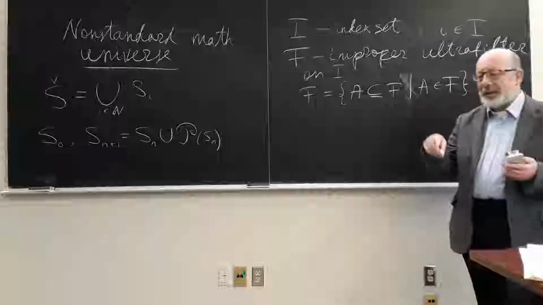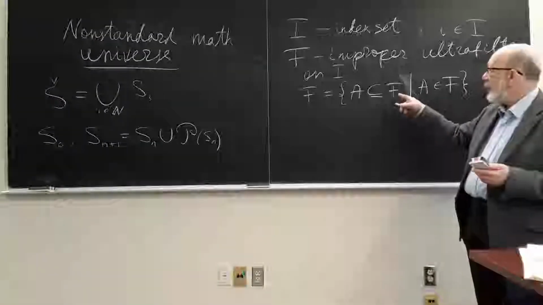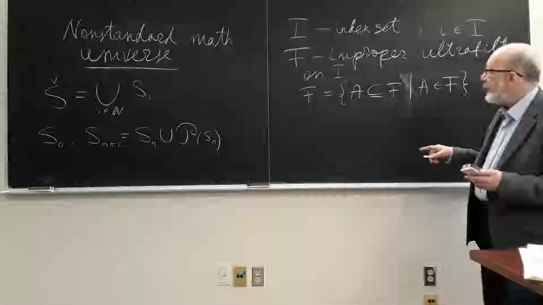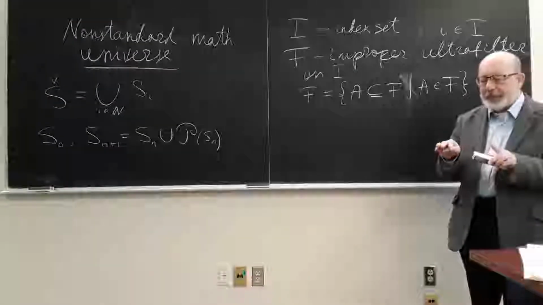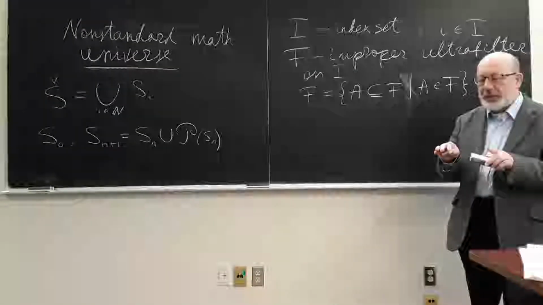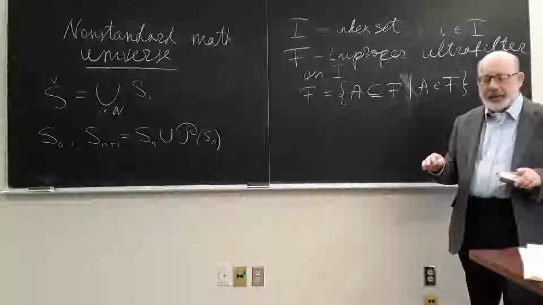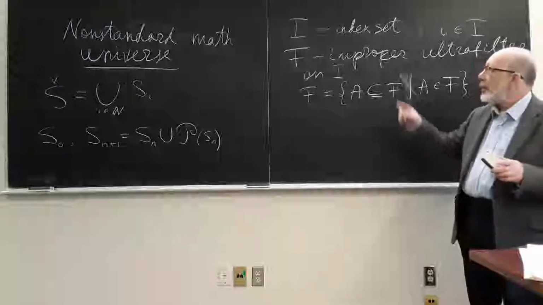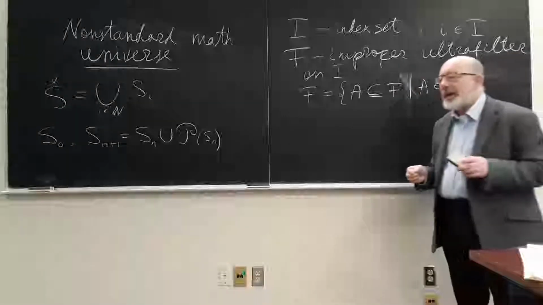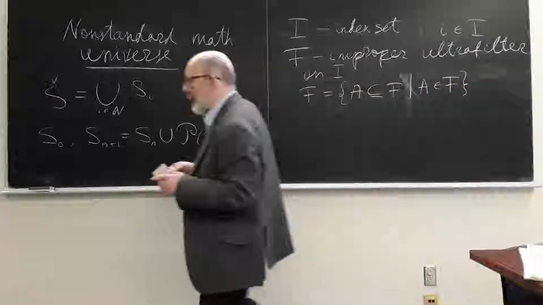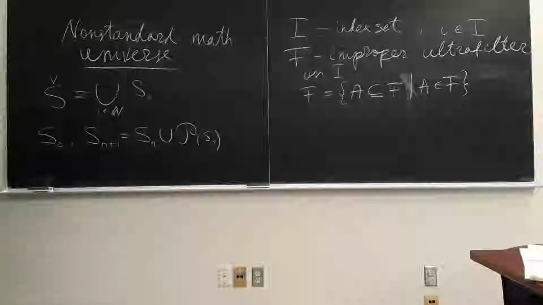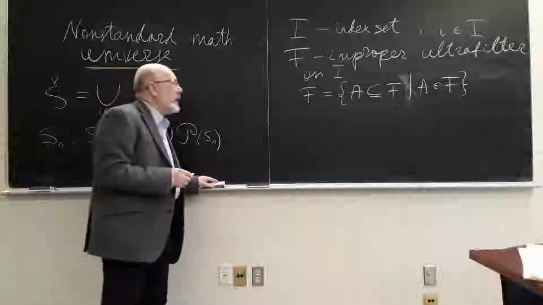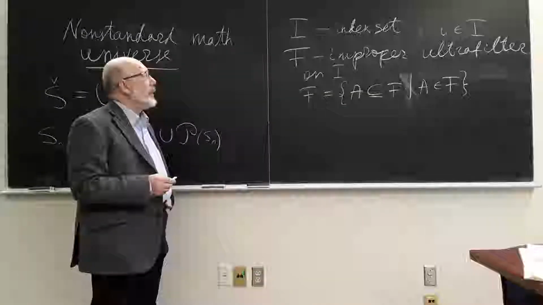If some set is an element of F, then any larger set is also an element of F. If we have two elements of F, then the intersection is also in F. Then the third, that the empty set is not an element of F, and the whole I is an element of F. And improper means that no finite set is an element of F, so as to exclude some trivial and not interesting examples.